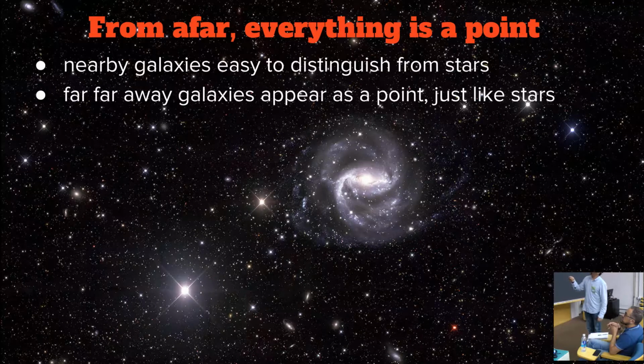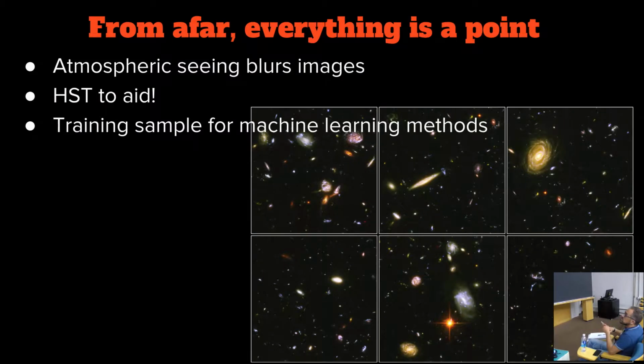It's very easy to tell this galaxy apart from the star here, but if you look at the small dots in this image, your life gets complicated. So you cannot use just shape to separate them. You start using different things like machine learning, because galaxies will have different colors than stars. So in this multi-dimensional space, you can fit them.